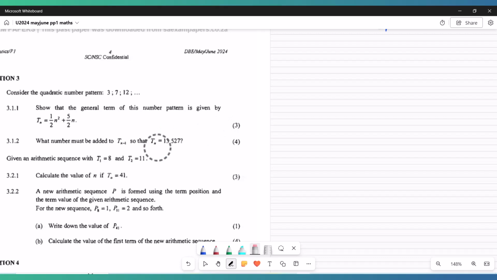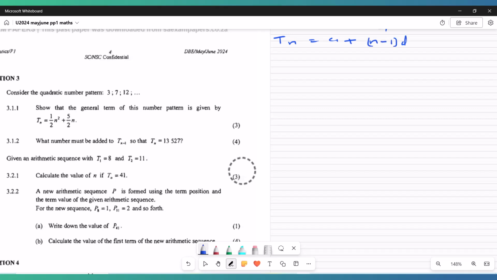Given an arithmetic sequence with t1 equals 8, t2 is 11, calculate the value of n if tn equals 41. So now being arithmetic, guys, what is our tn, the general formula? Being arithmetic, our tn is given by first term a plus n minus 1 times d.